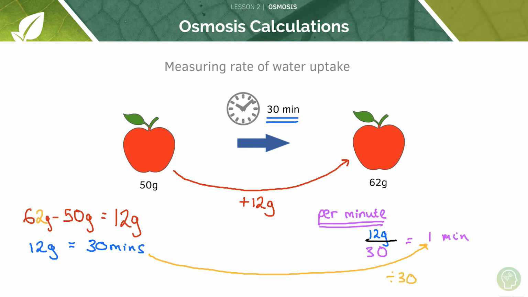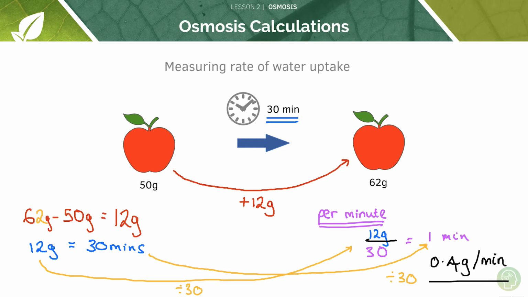So therefore, to go from 12 grams to how much is uptaken per minute, I would also have to divide by 30. That's my logic. That's it. Really, really simple. And 12 grams divided by 30 is equal to 0.4 grams per minute.